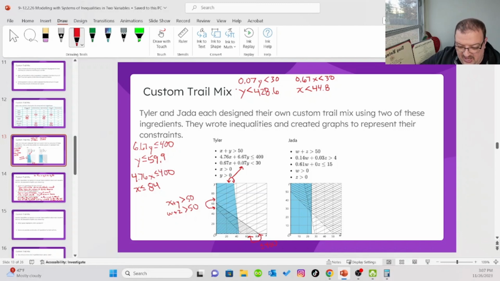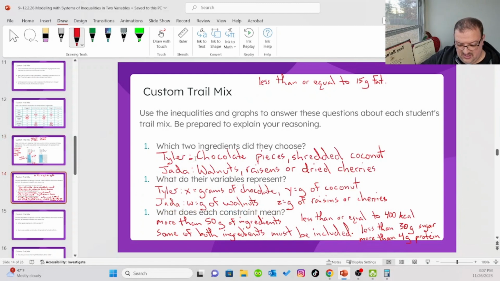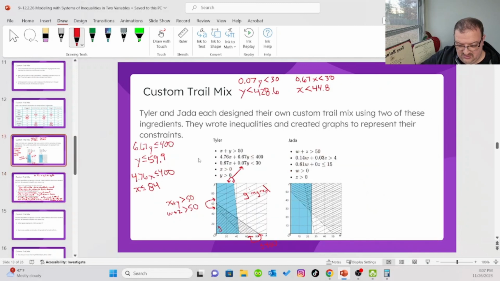So here we have the grams of ingredients. Here we have grams of sugar, no, calories. So that's calories.